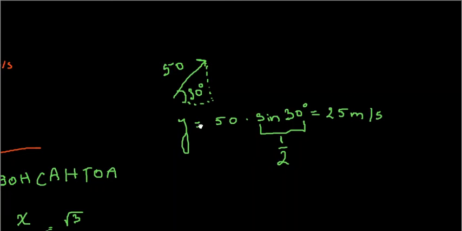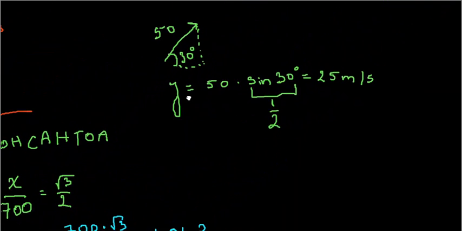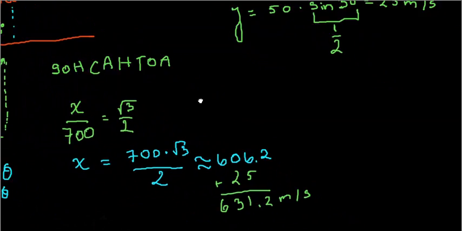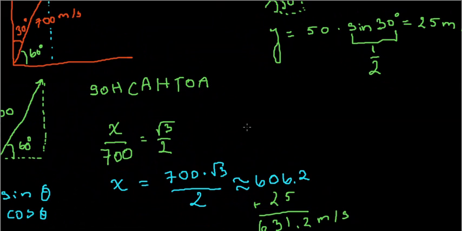And so now we can add these two numbers up, 606.2 plus 25, which is 631.2 meters per second. I know I've been a bit off in the units. So what does this mean?